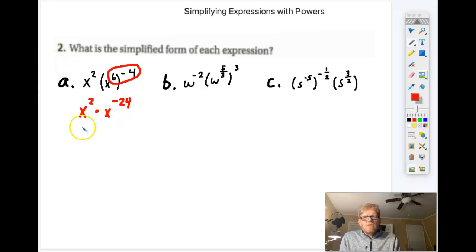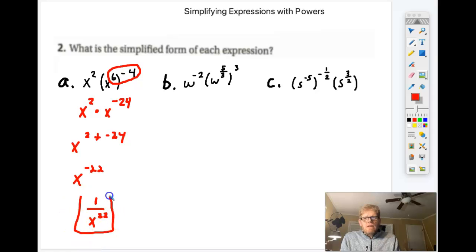Now I could write this on the bottom and do some simplifying, but I can also say this is x to the 2nd plus the -24th, which leaves me with x to the -22nd. And since I really don't like having that negative exponent there, I'm just going to write it as 1 over x to the 22nd.